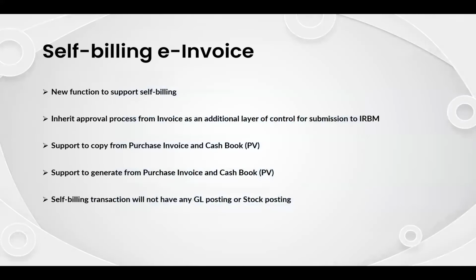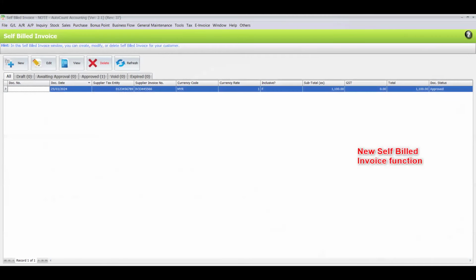For self-billed e-invoice, we also have the self-billed invoice, which you can convert from a purchase invoice or cash book payment voucher. Because if you rent something from a non-business party, like a personal landlord, usually you are paying by payment voucher, but in the e-invoice era, you can convert the payment voucher to a self-billed invoice. So self-billed invoice is also an additional function.